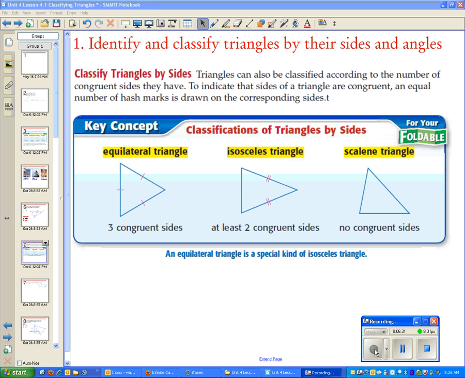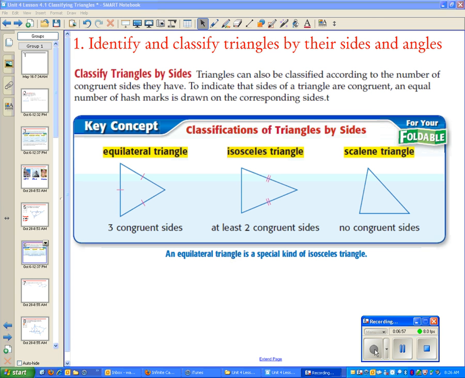Technically speaking, equilateral is a type of isosceles. But when you're classifying, if it is equilateral, call it that, because that's a more specific label. Just like with equiangular instead of acute, equiangular was a type of acute, but it is more specific, so that's what we use when we classify.